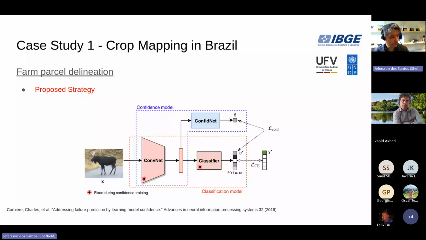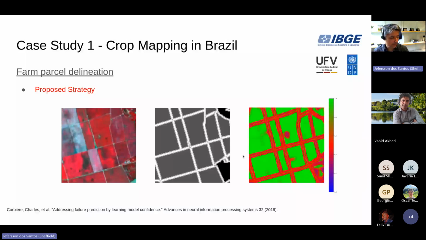To evaluate that, these are some results using this for segmentation. This is a tile from Sentinel. This is the ground truth, and this image here is the score. It's quite obvious here that for crop regions, we are reaching a good confidence.